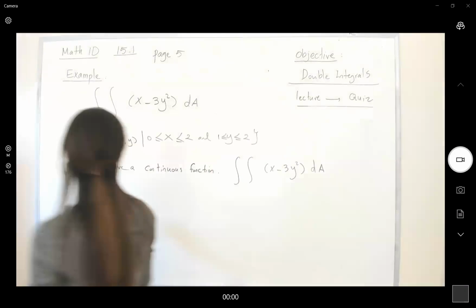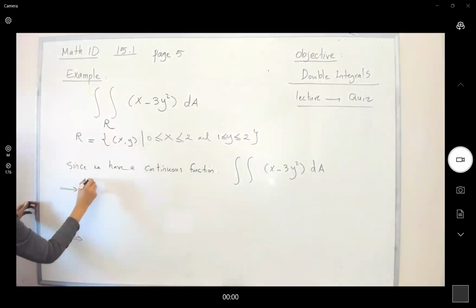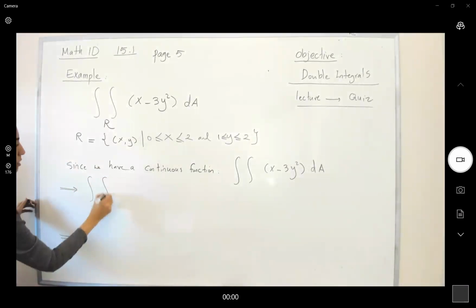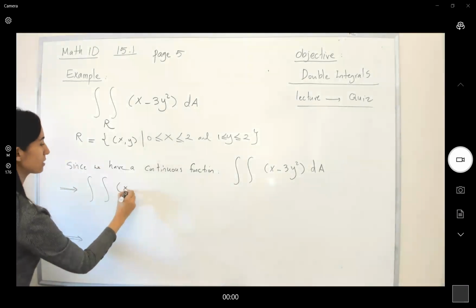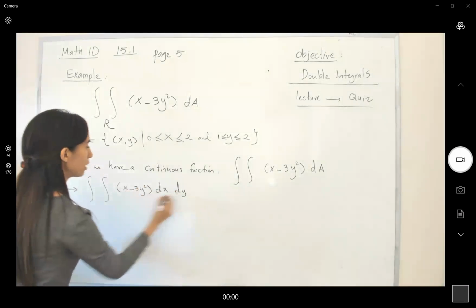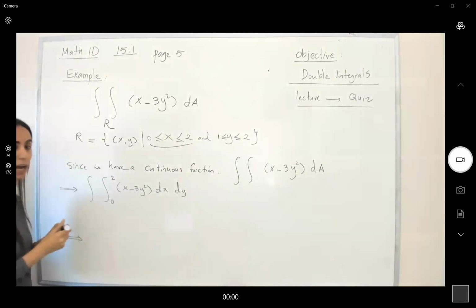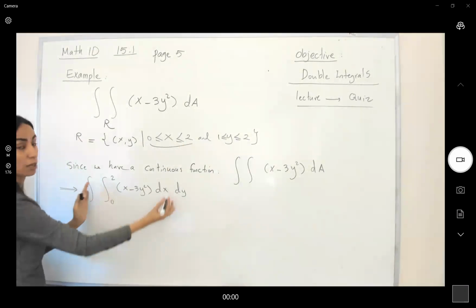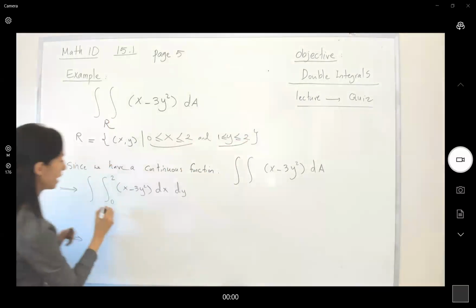Let me show you both of them. Let us have the inner integral with respect to x. So here you have x minus 3y squared dx dy. Your x ranges between 0 and 2. First you have to evaluate the inside integral, then your y ranges between 1 and 2.